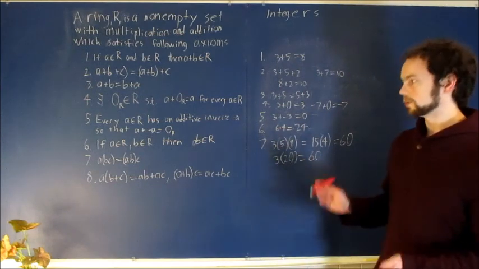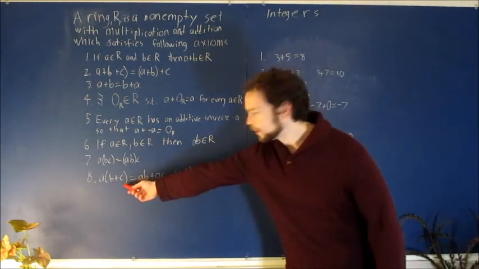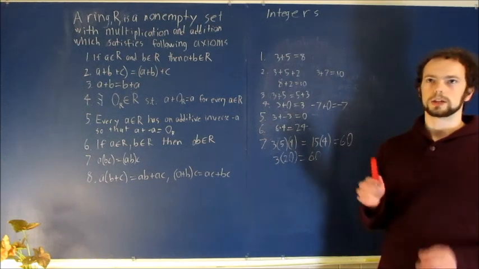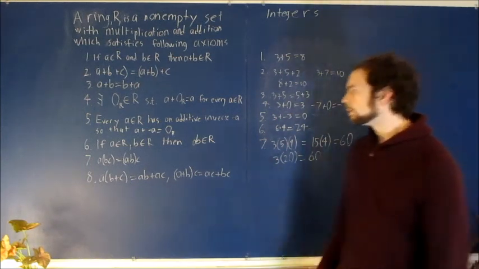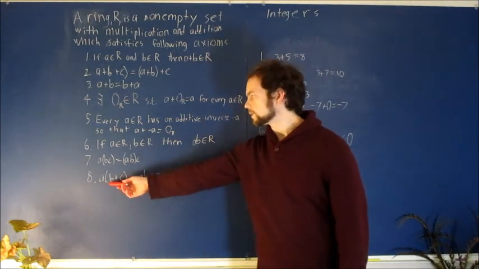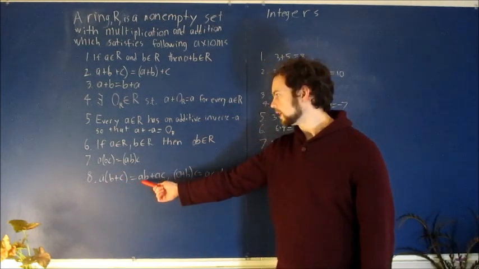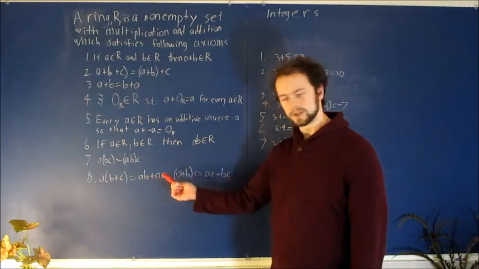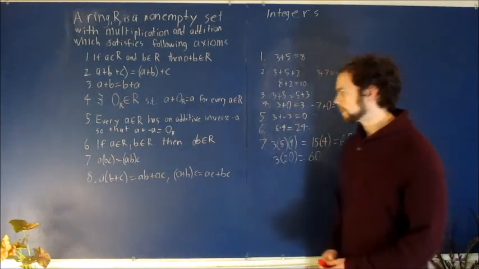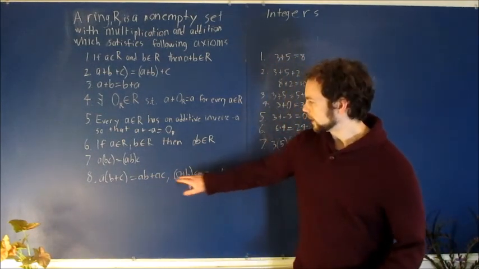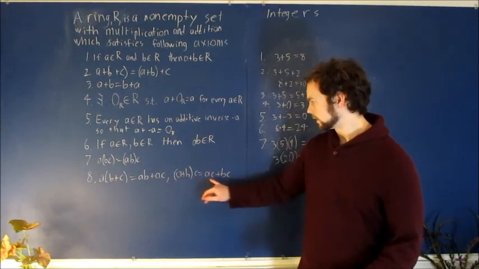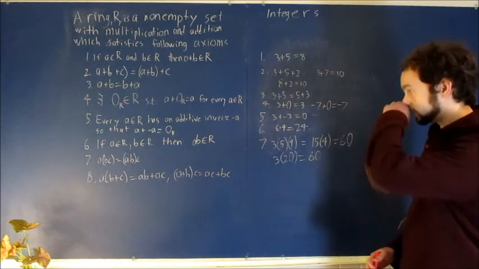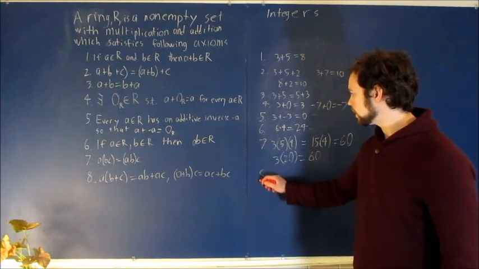Now, the last one is the distributive property. You probably saw this in your high school algebra classes as well. A times the sum of b plus c must be equal to a times b plus a times c. And the same thing if we have the sum come first, then this c here can distribute to everything. This is obviously true for the integers as well.